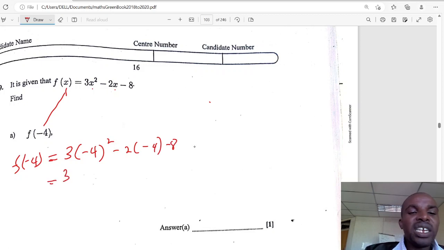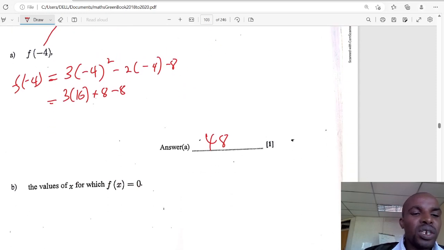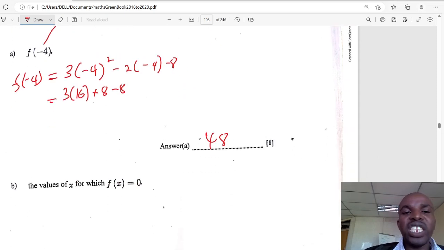So it will be 3 times 16, plus 8, then minus 8. Plus 8 minus 8 is 0. So 3 times 16 is 48. Done.